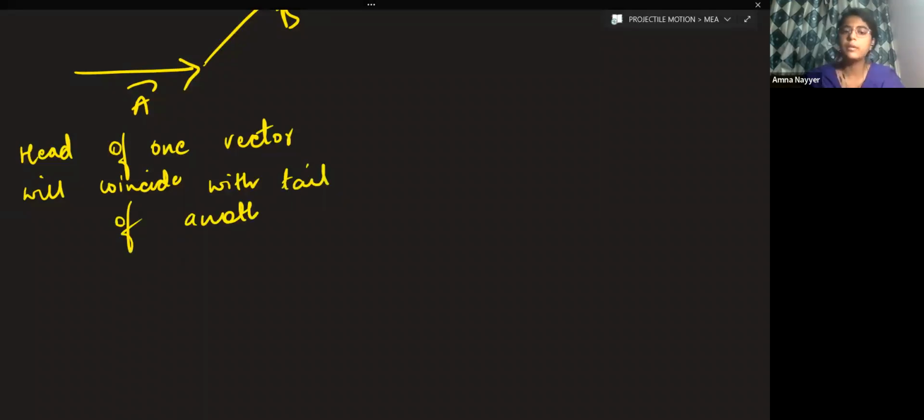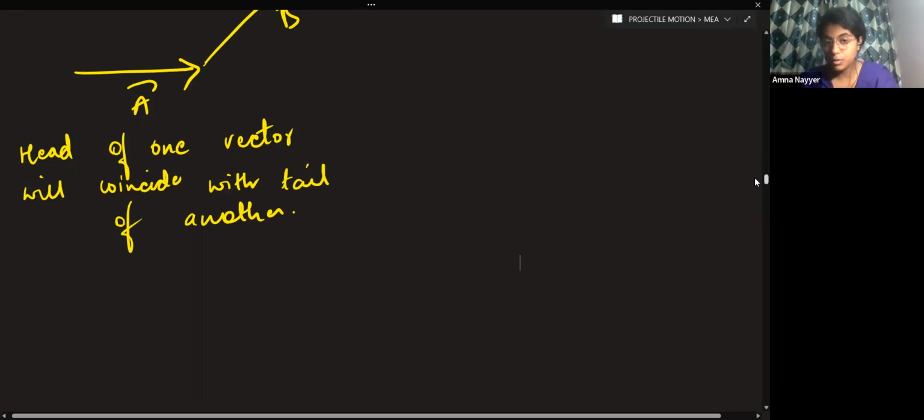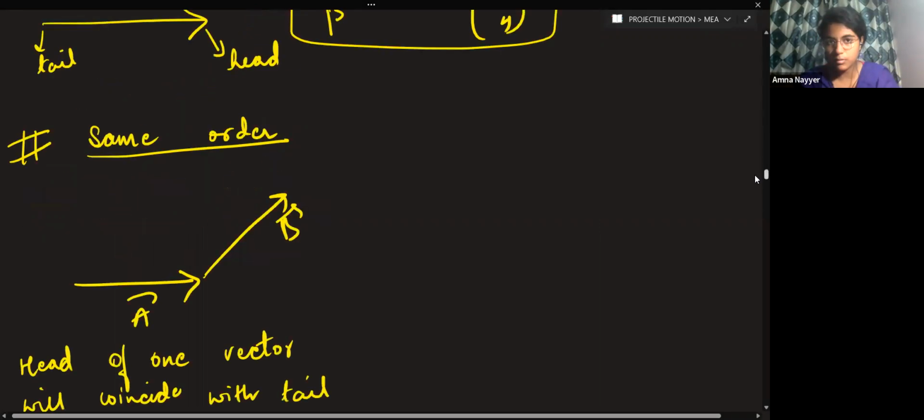This is what is meant by same order. Same order will be used in triangles, so that's why we are just doing it in a hurry right now.